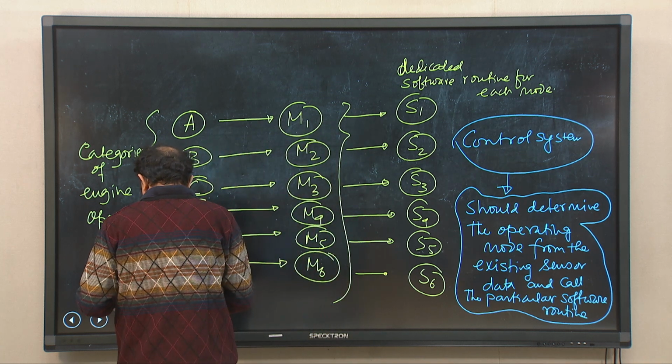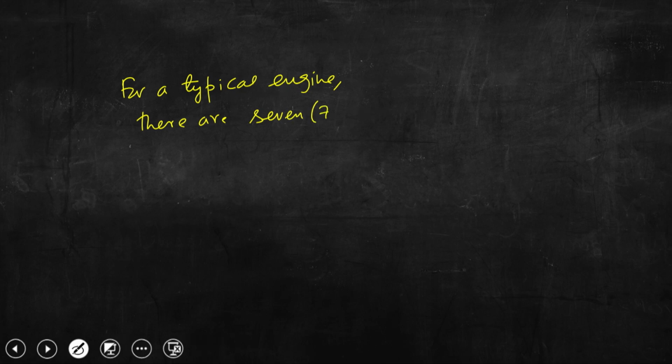Now, for a typical engine there are 7 different engine operating modes.